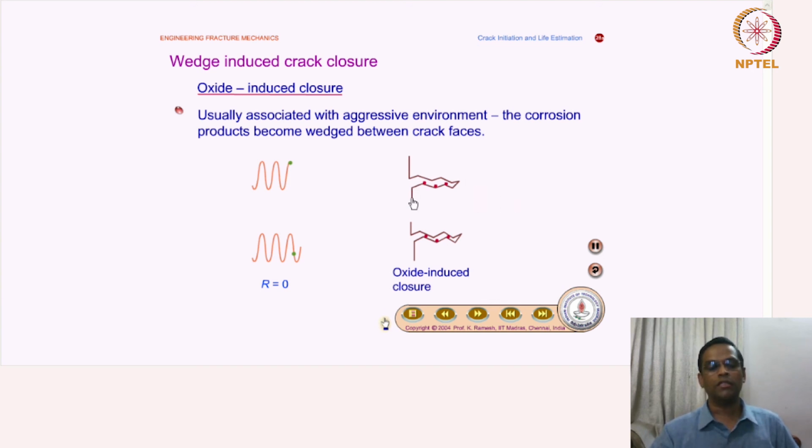You see the crack extension is shown like this, and some of the corrosion products are sitting like that, and they are going to act as a wedge between these two surfaces. Before the load reaches zero, they get wedged between these two surfaces. So this is considered oxide induced crack closure.